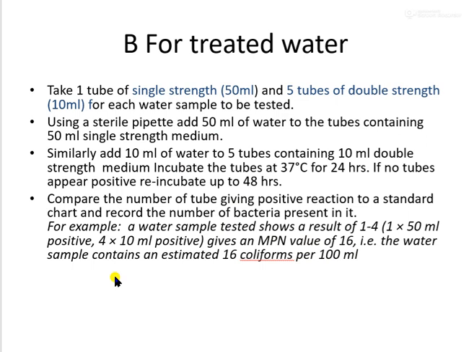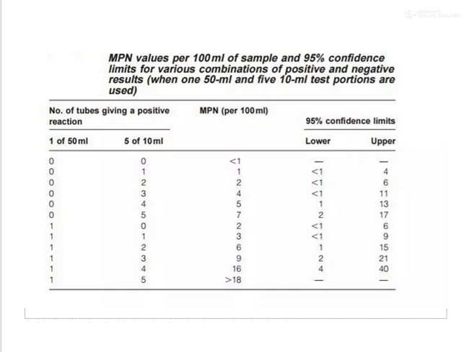For treated water and for untreated water we have different charts, and an MPN value of 16 means that the water sample contains an estimated 16 coliforms per 100 ml. So for treated water as well as untreated water, you have different MPN charts. Now this is for treated water.